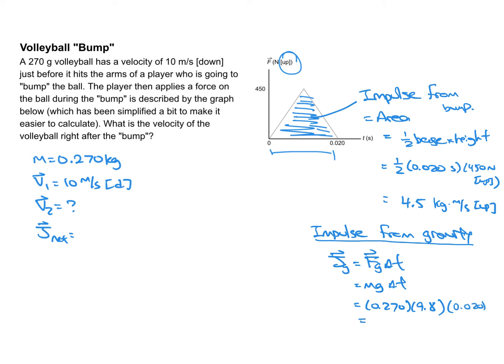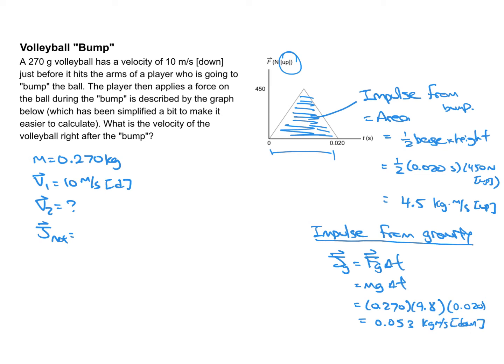So calculating that, let's see what we get. We get 0.053 kilogram meters per second down, because gravity is down.